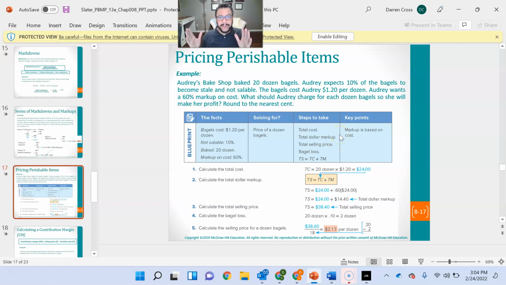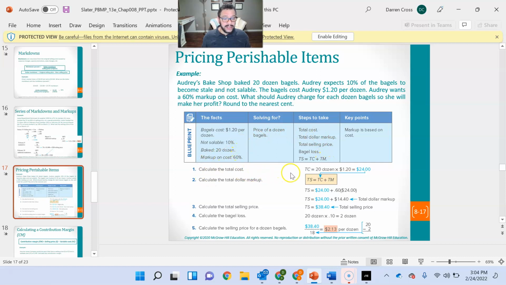Because if we price them based upon cost and then we lose 10% of them, we didn't make our money. We have to say, okay, we had a total cost of these things and then we lost 10%. Now what do we actually price the rest of them at to get our money back? All right, so total steps. We have to figure out total cost, total dollar markup, total selling price, how much we lost, and then we're going to be sure to mark up based upon cost.